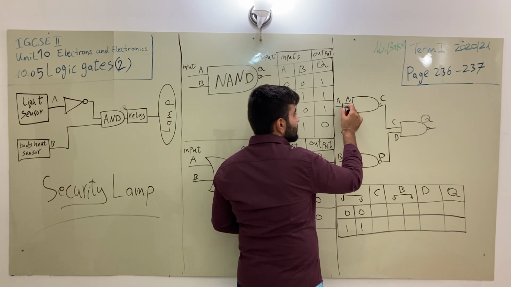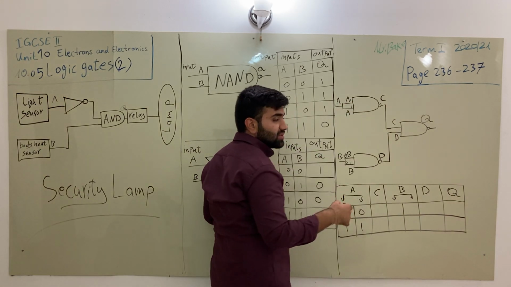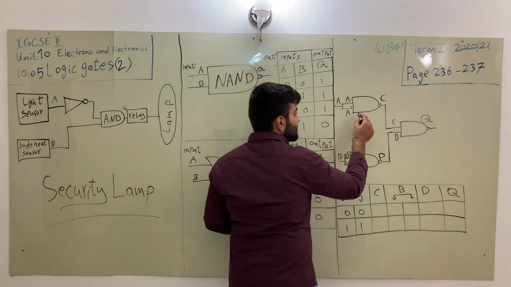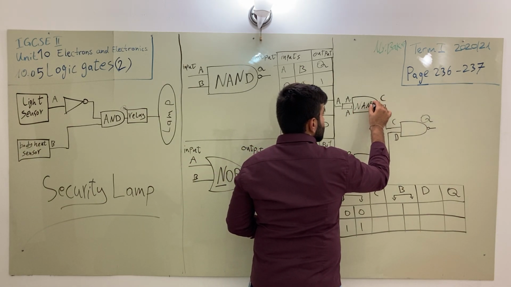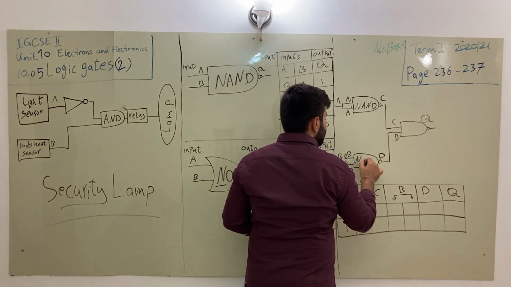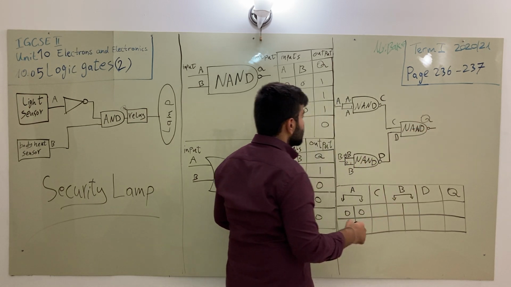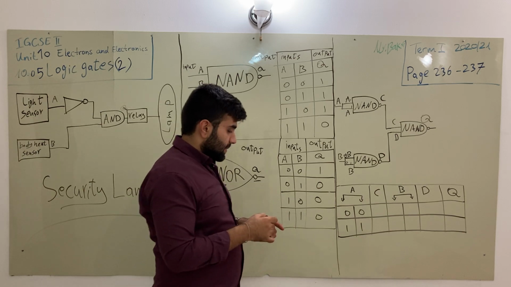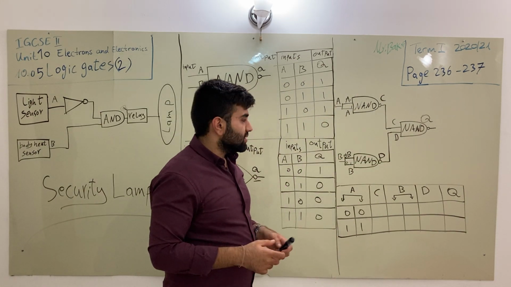If A is 1, both of the A's, the input for the logic gate NAND, you see, it's all NAND. You can see the circle, NAND. Okay, not AND. So you notice the circle, that means what? They're negative.